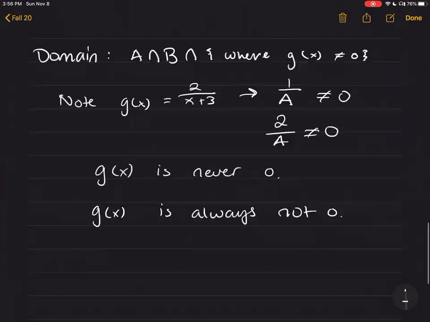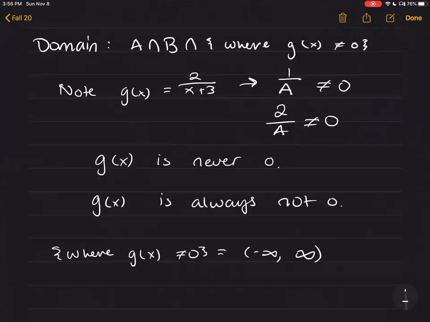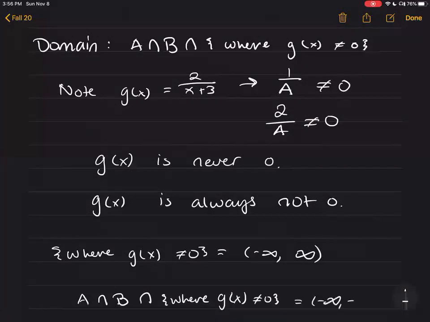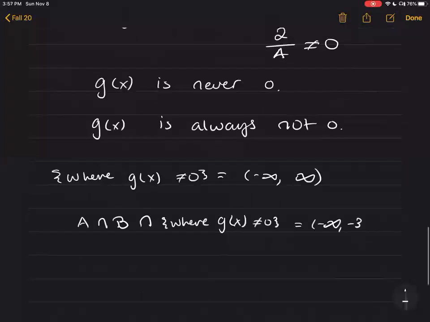So the set where g of x is not 0, that's just the whole real line. And so if you do the A intersect B intersect where g of x is not 0, you'll get the same thing that we've been seeing for the others.